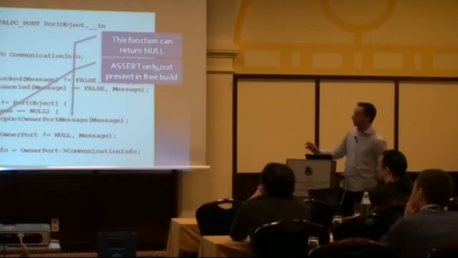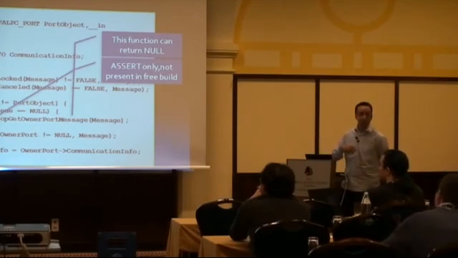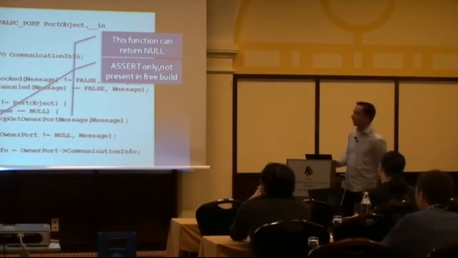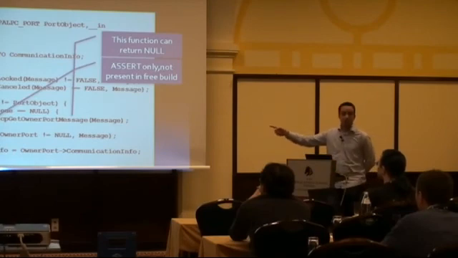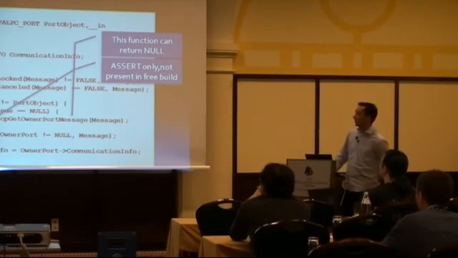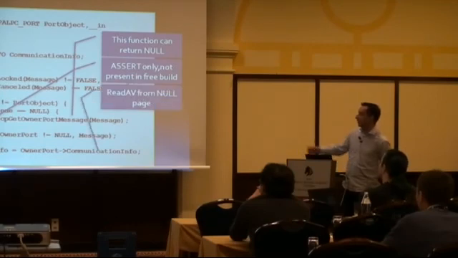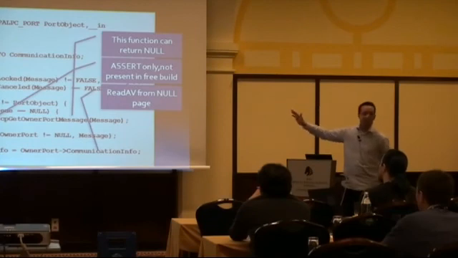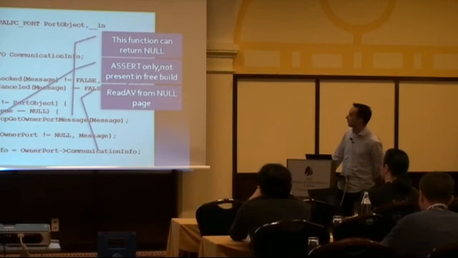So basically, if you allocate the null page in the user mode app that is calling this code, and that call fails, you own that structure, owner port, and here there is going to be a read AV from the null page. So this is a null dereference in kernel mode. All these cases are at least 1 year old, so no fear here of being exploited by those.